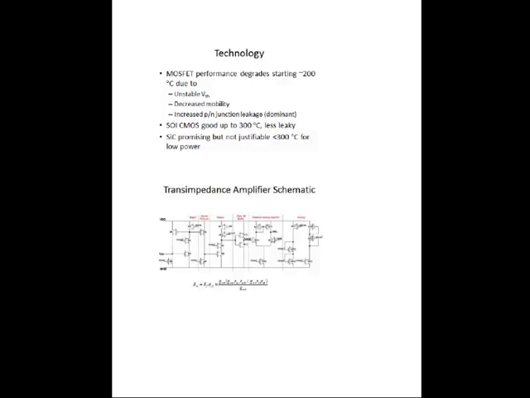Now I'm going to talk about the transimpedance amplifier that we used that works up to 300 degrees C. Originally I designed this amplifier to make an oscillator using a MEMS resonator, which has a series resistance of a couple of megaohms.